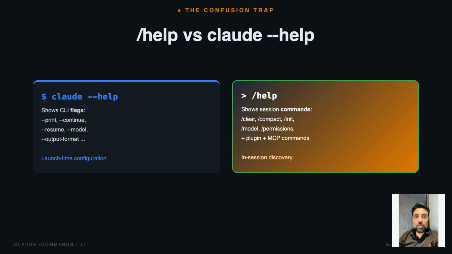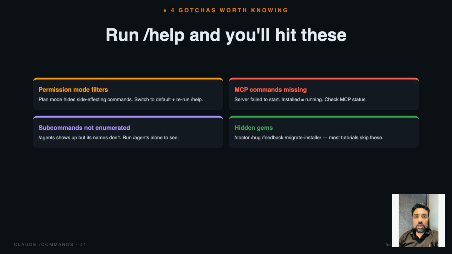Third, /help groups commands, but doesn't always show all available variants. Some commands have subcommands. /agents, for example, can take a name. /help shows you /agents, but doesn't enumerate every subcommand. For those, you usually need /agents on its own to see what's nested. Fourth, and this is the most useful gotcha, /help inside the session is where you'll discover the hidden commands.